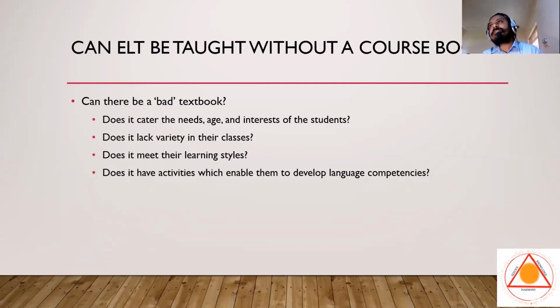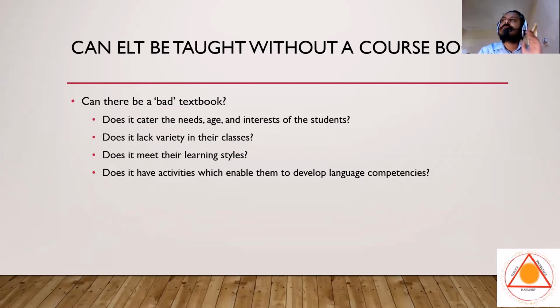So when a writer is writing, he has to consider all these points: needs, age, interest, variety, learning styles, and together with all that, he also has to consider the activities that enable the development of linguistic competencies.